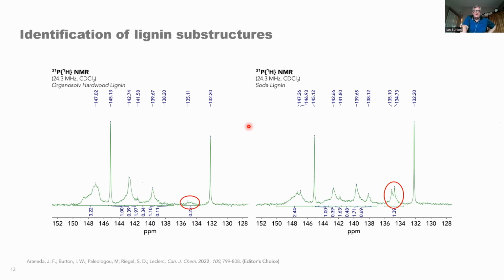The soda lignin uses an alkaline method to break down and delignify the lignocellulose, which tends to create a lot of carboxylic acid groups, especially in small molecules. It tends to break down the polymer a little bit more, creating carboxylic acid groups, than, say, the organosolv or the Kraft method does.